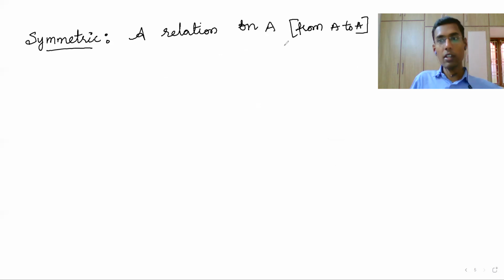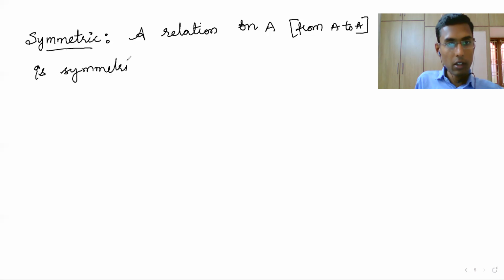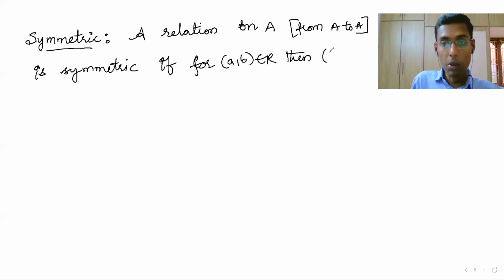So a relation on A is symmetric when, meaning, if (a, b) belongs to R, then (b, a) should belong to R. Makes sense, right? (a, b) belongs to R, then (b, a) also belongs to R. Yes, sir.